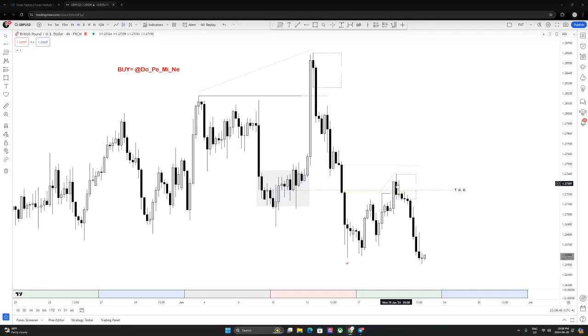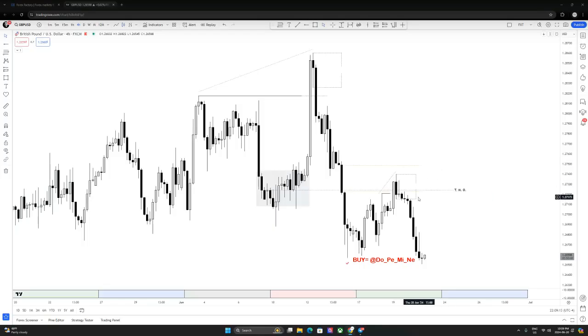So we were above the true month open, the true week open, and the true day open, previous true day's open, right? You already know when we're above true opens, we look for reasons to sell. So it's not that we just sell above true opens. We look for reasons to sell above true opens.